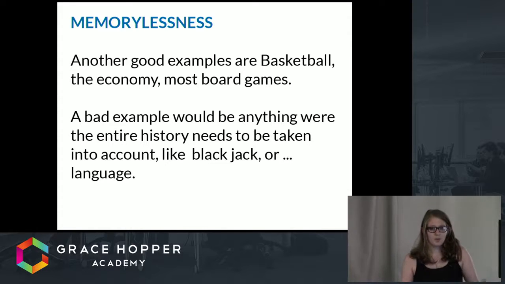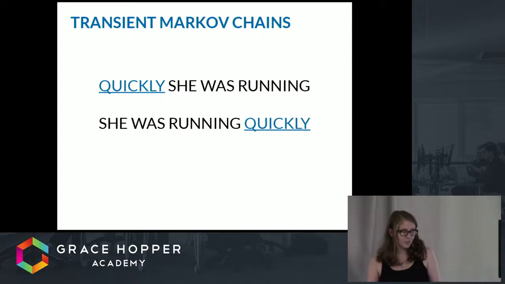A bad example would be anything where the dependency goes back further than the current state, like blackjack, or you'd assume language. So if I have the sentences, quickly she was running, and she was running quickly, and I wanted to generate new text, the thing that should follow quickly depends also on what words came before that.